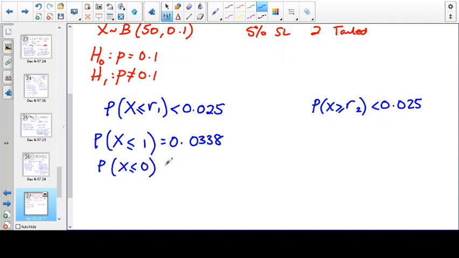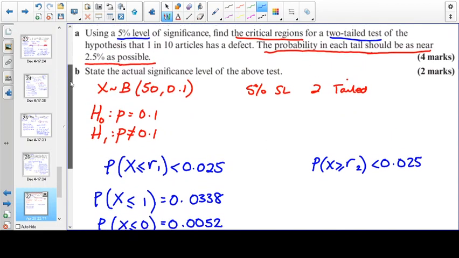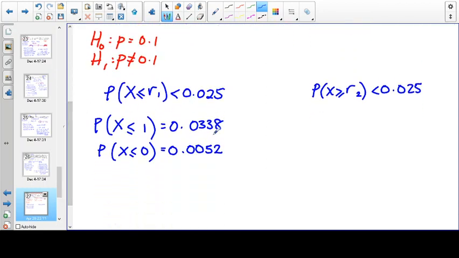The only one I can do which is smaller than 1 is 0, teeny tiny, 0.0052. So the one that's closest to 0.025 is this one, I think. Yeah, this one. Even though it's gone over, this is closer.